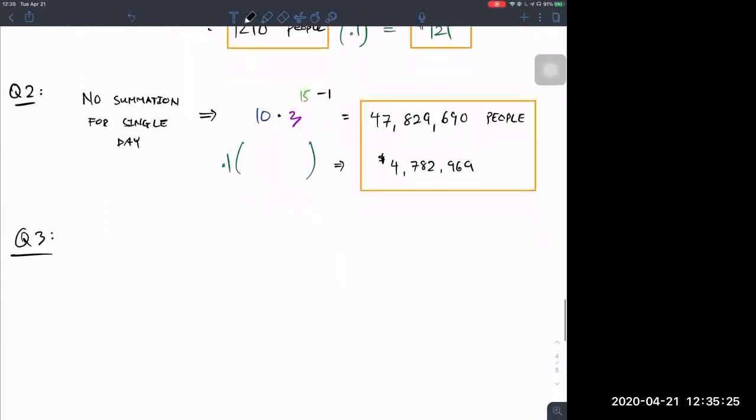I'm going to scroll up a little bit too. Second month's model. They're saying the growth stays the same. That implies that this 3, the growth factor, is going to stay the same, right?